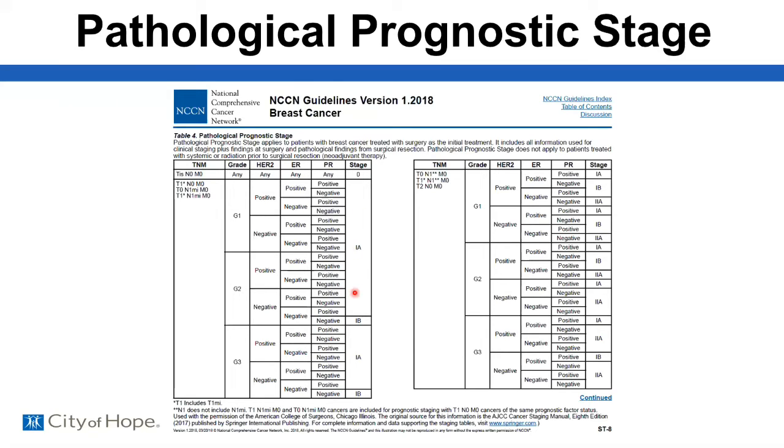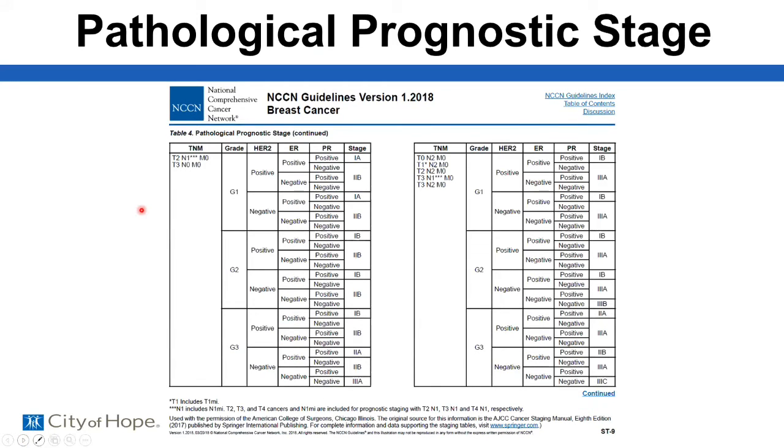And again, it's broken down into overall stages from 0 for ductal carcinoma in situ or DCIS, all the way up to stage 3 and 4 for invasive cancers, based upon all these different factors. And here's the same slide, just going up in tumor size, so T2 and T3, and T3 with more lymph nodes positive. And again, just an overall discussion of how we get to that final overall stage, which again determines treatment.